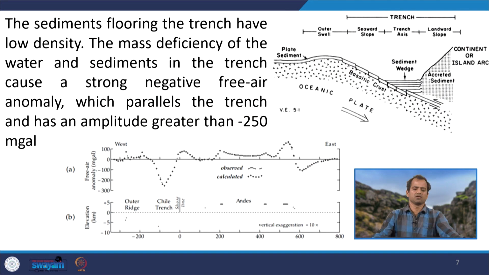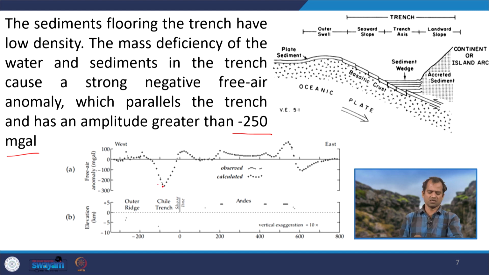So, the sediment flowing in the trench has low density, and the mass deficiency of this water and sediment in the trench causes a stronger negative free air anomaly, which is parallel to the trench, and its amplitude is greater than about minus 250 milligal. If you see here, this Peru-Chile trench is represented through this gravity profile.